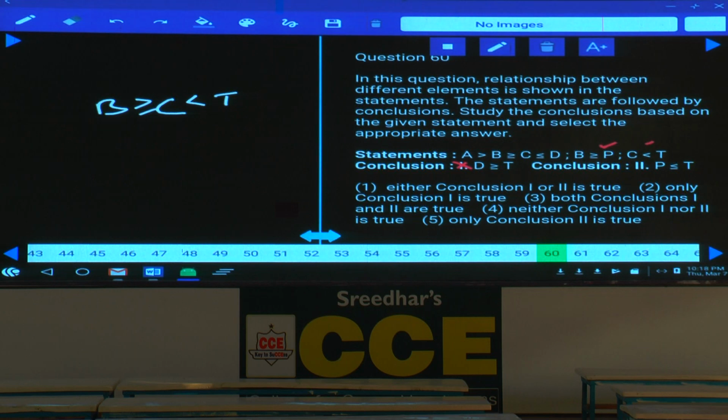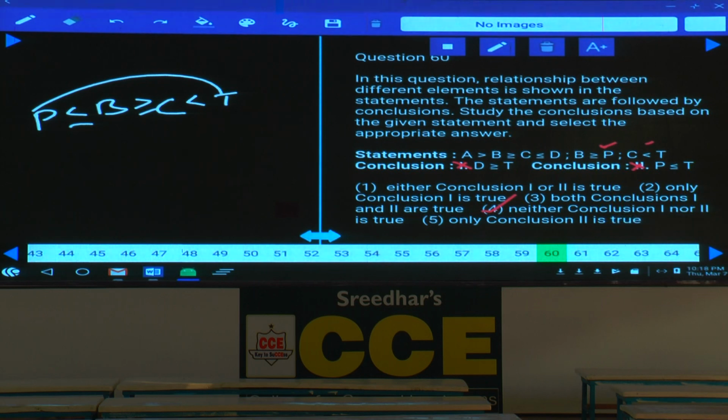Now, B greater than or equals to P means P lesser than or equals to B. And next one, B greater than or equals to C lesser than T. Now, between P and T, two opposite symbols, no relation can be drawn. Hence, neither one nor two, it is choice 5.